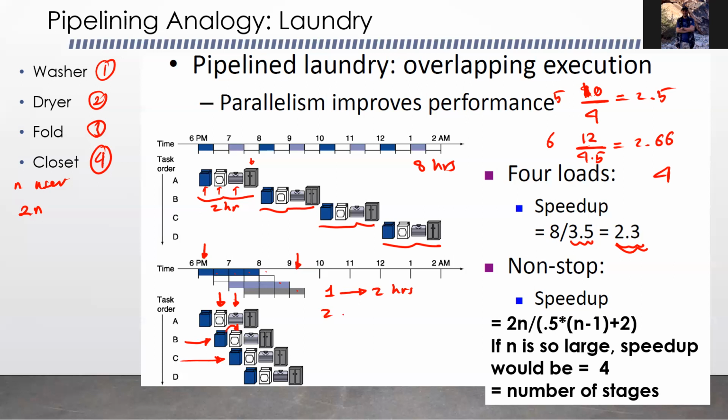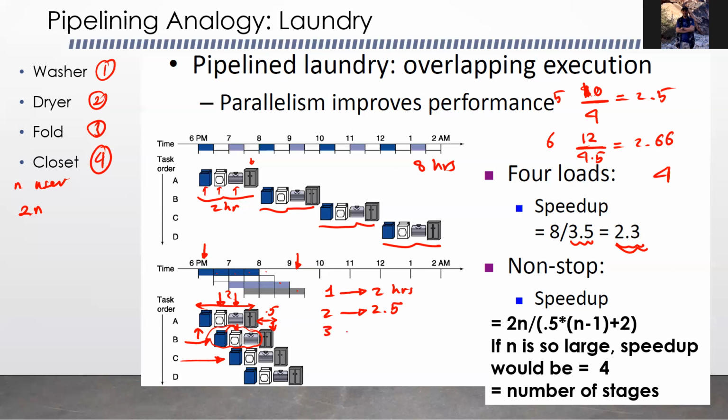But with 2 users, look at it. One user takes 2 hours, but for 2 users, part of the execution time of the second user is hidden within the first user's execution time, and you only increased the total time by half an hour. So this is 2.5 hours, because we started here and we ended here.